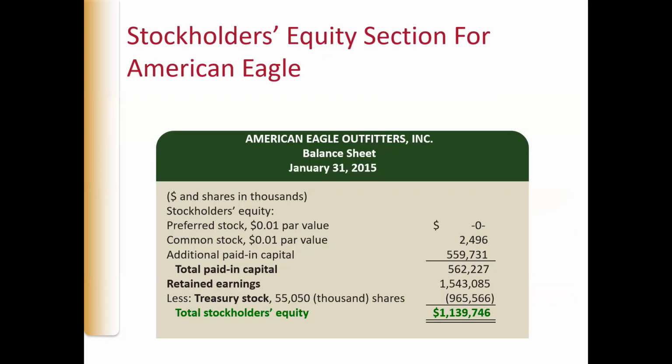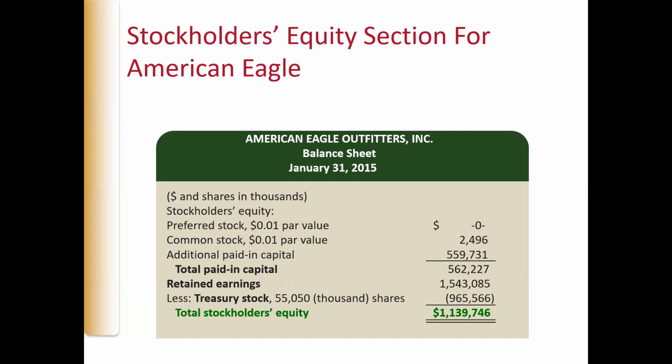a balance sheet. And on this balance sheet, you'll see how it's broken down between various types of stock, which we call total paid-in capital. And then you'll see retained earnings. And then you'll see less treasury stock.